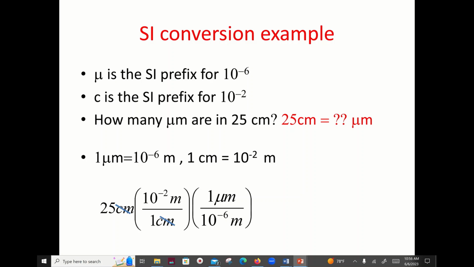I want to get rid of the meters, so I'm going to write the second conversion factor with meters in the denominator. So the meters cancel out, and micrometers is left on top. So I've got 25 times 10 to the minus 2 divided by 10 to the minus 6. And if you put that in your calculator, you get that 25 centimeters is 2.5 times 10 to the 5 micrometers.